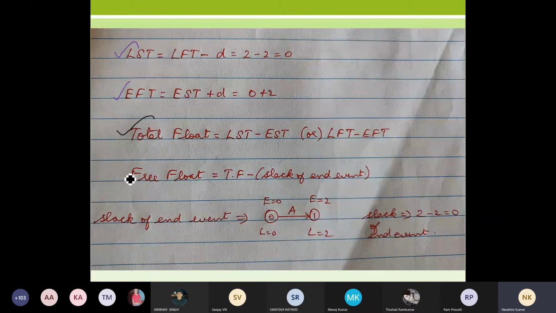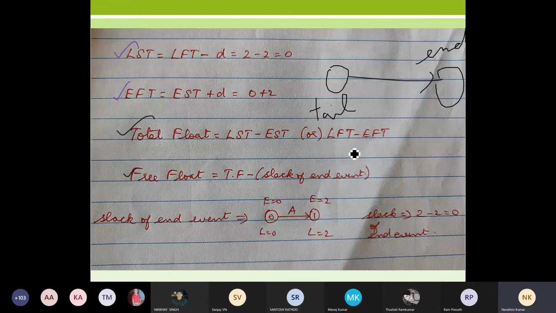And next you are going to calculate the free float. For free float, I am choosing total float minus slack of the end activity, or the head activity. So when I have an activity like this, this is going to be my tail, and this is my end or my head.